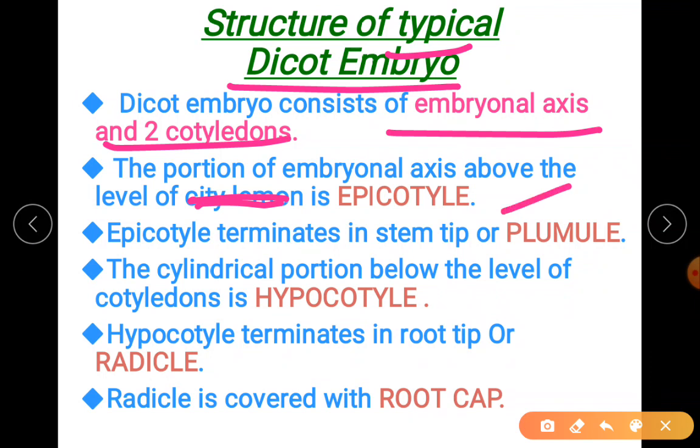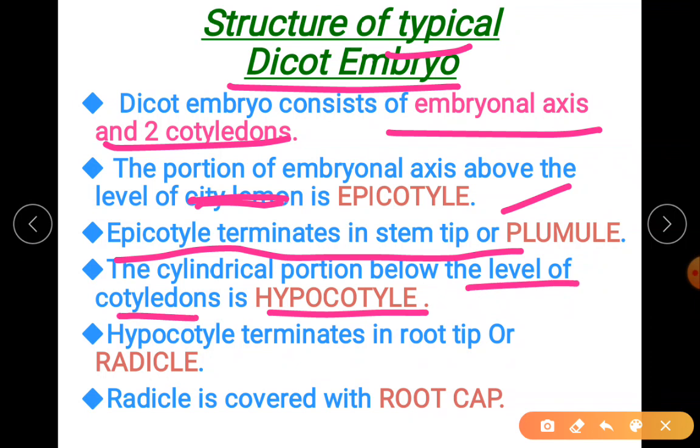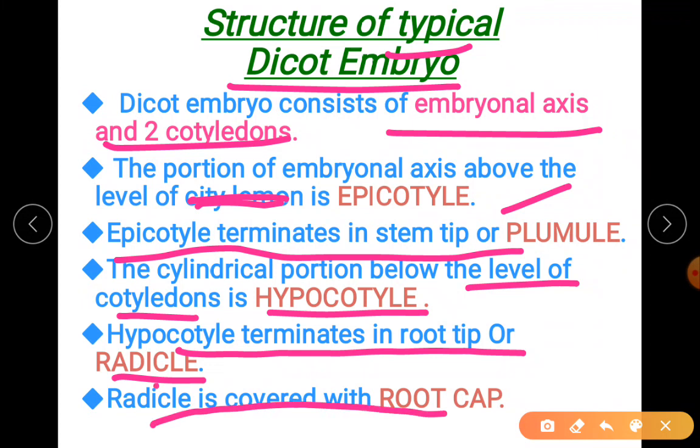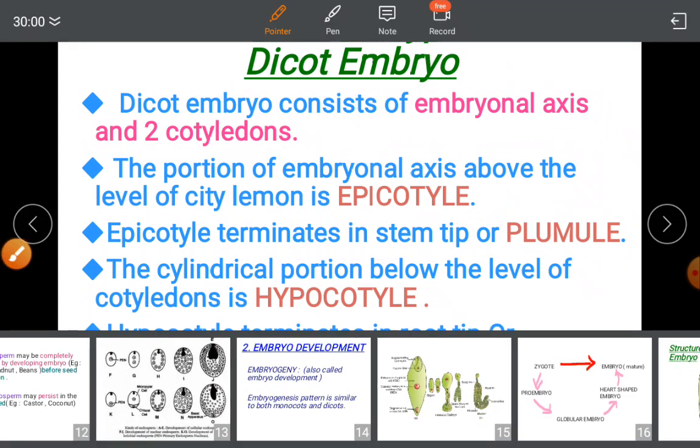Then you're talking about the epicotyl. The epicotyl terminates in the stem tip called plumule. Then the portion below the level of cotyledons is called hypocotyl. Hypocotyl terminates in the root tip, and the root tip is also called radicle. Radicle is covered with the help of a root cap.